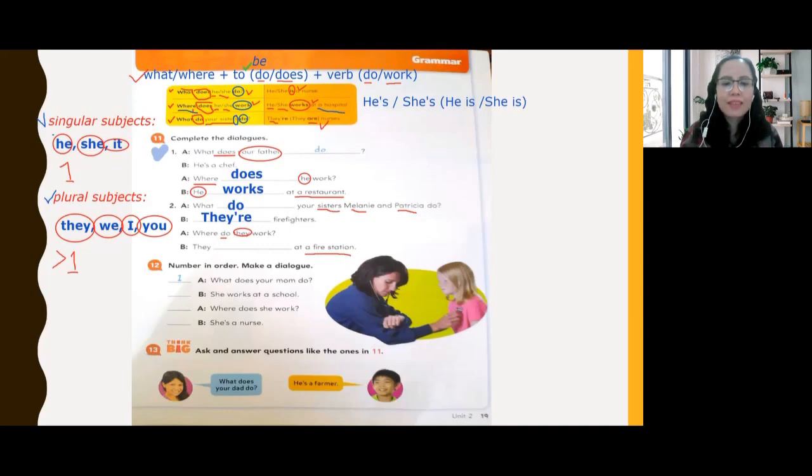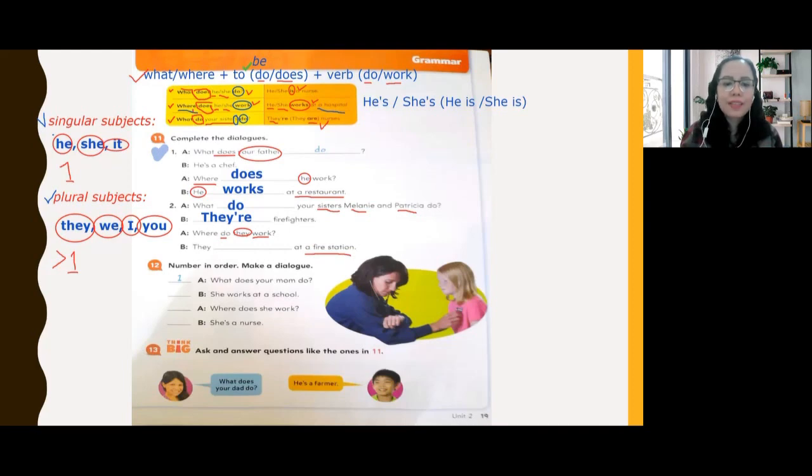Okay, you may see that there is the verb work in the question. So we are going to use the verb work to fill in or complete the answer. But which one, work or works?